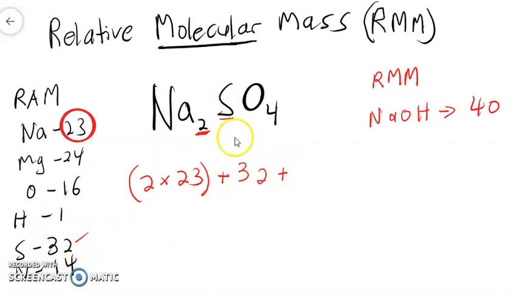We add oxygen. Oxygen has 4, so we have to multiply with 4 oxygens. 4 multiplied by 16. Then you put a bracket. We calculate for this.